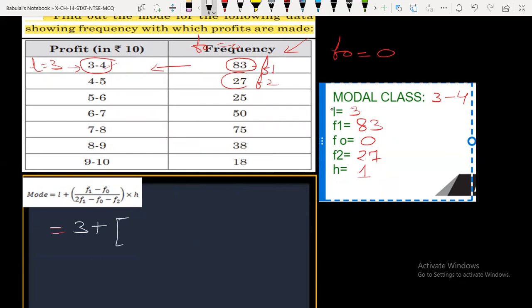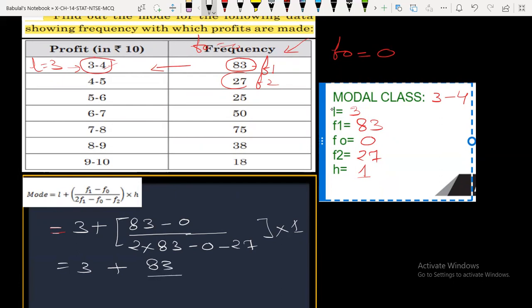plus f1 is 83, f0 is 0, twice of f1 83, f0 is 0, and f2 is 27, multiplied by the class size, which is 1. So you can write 3 plus 83, 83 to the 166 minus 27 into 1.